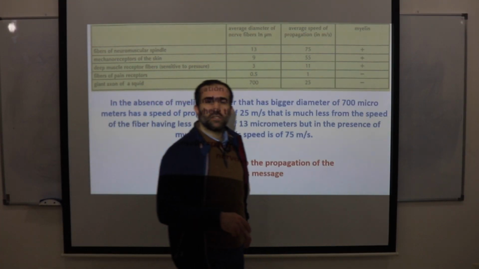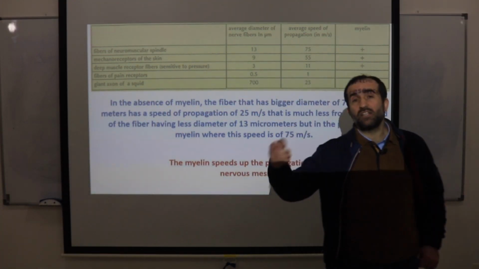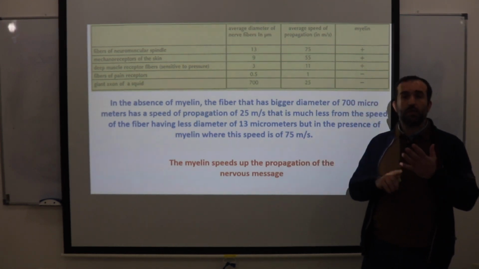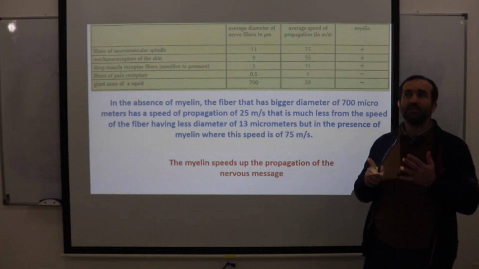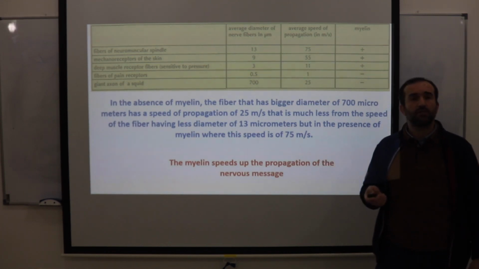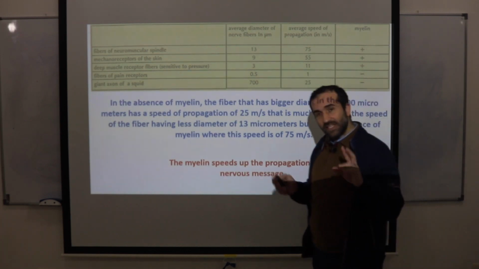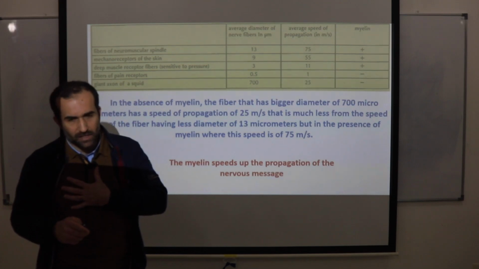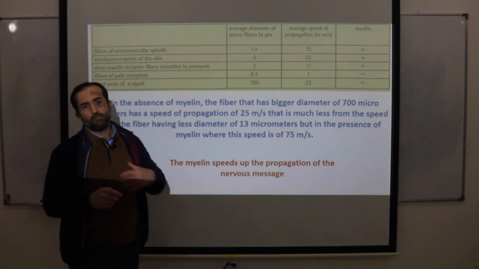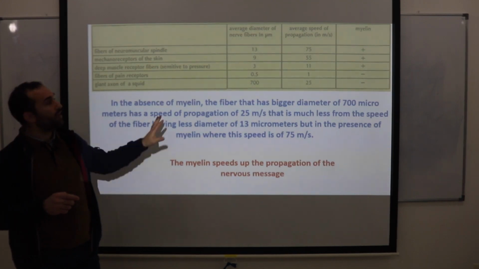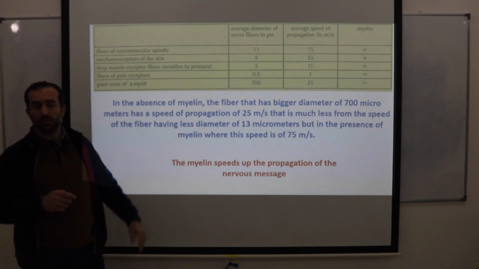So what are the conditions that speed up the propagation of the nerve message? They are the myelin and the diameter of the nerve fiber. But since these two conditions are not under our control, we can't speed up our nervous messages by simply varying these conditions.